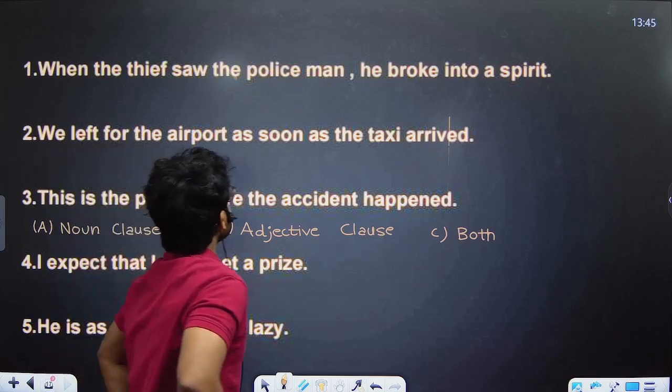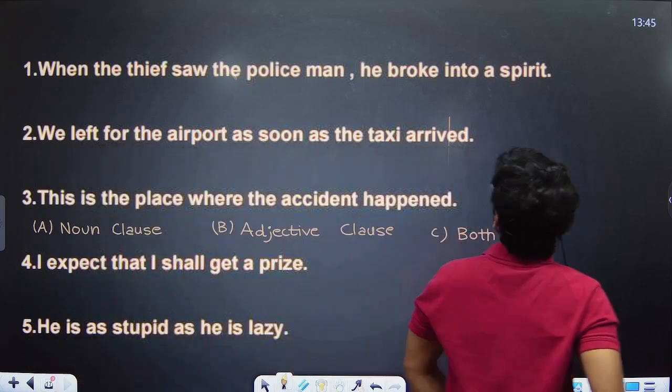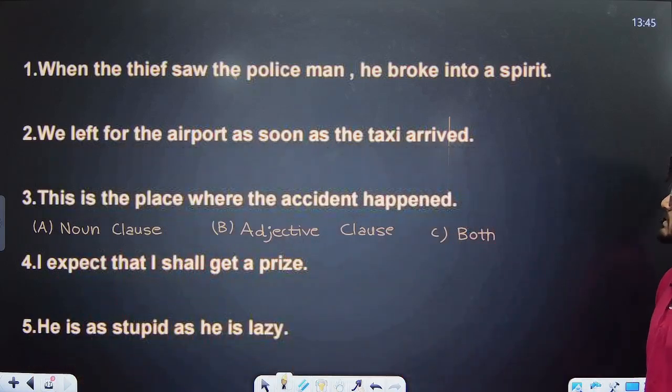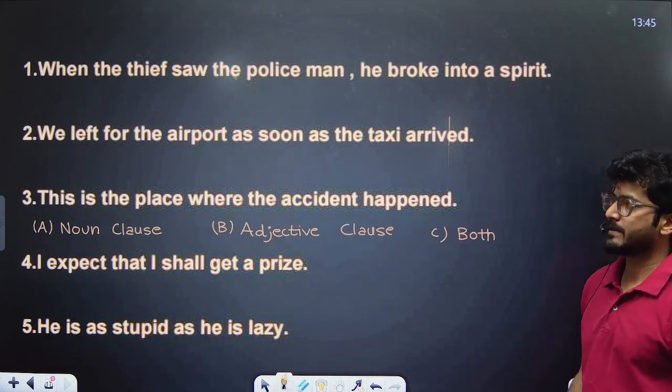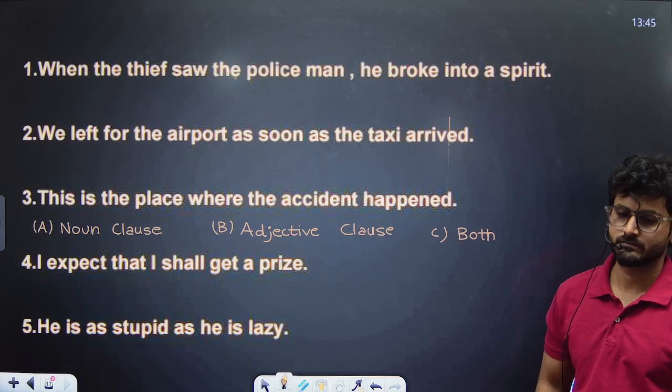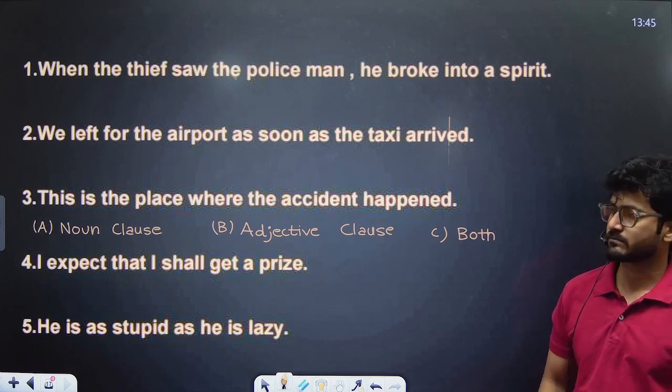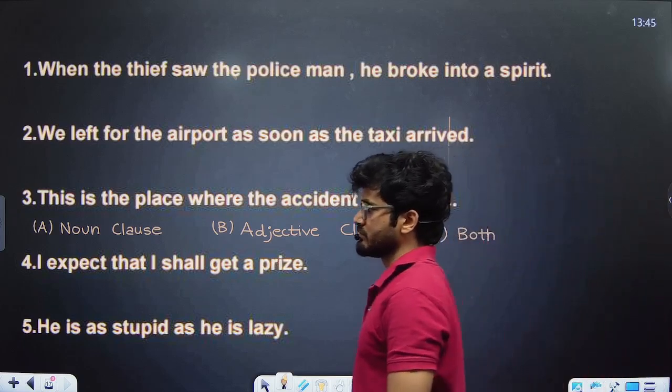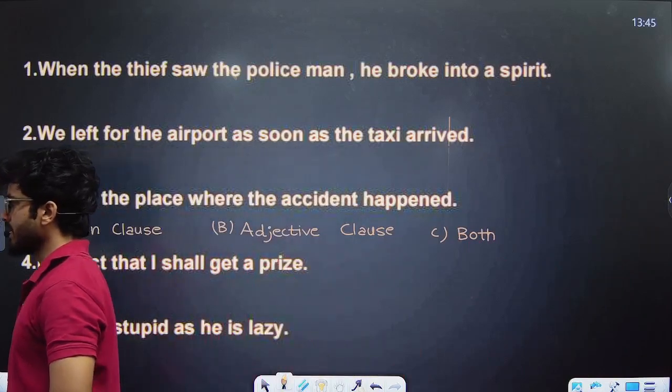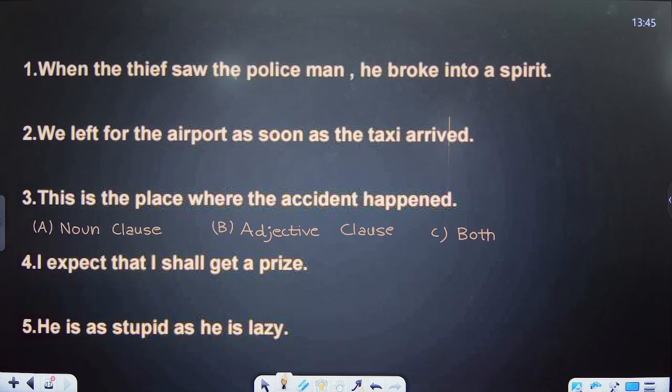When the thief saw the policeman, he broke into a sprint. Is it completed? Last one. Yes, tell me.